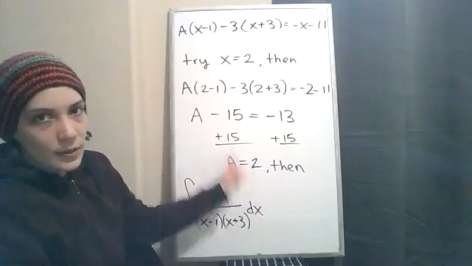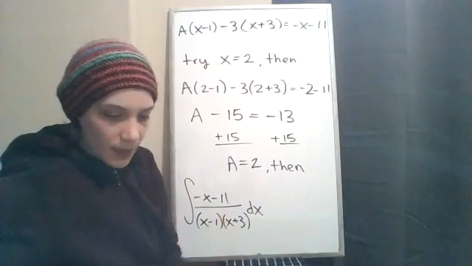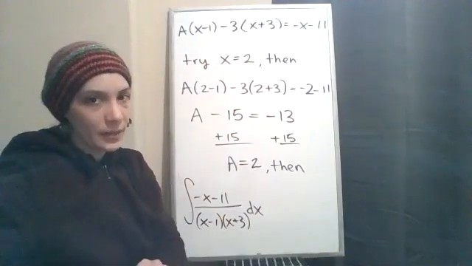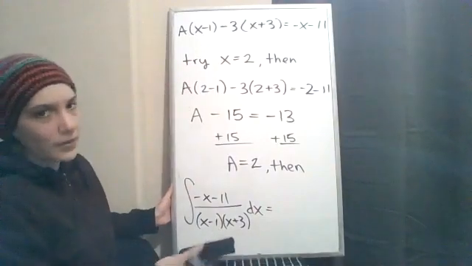We know what a is equal to, and we know what b was equal to, so we're going back to those two terms that we had, and then we're integrating both of them.